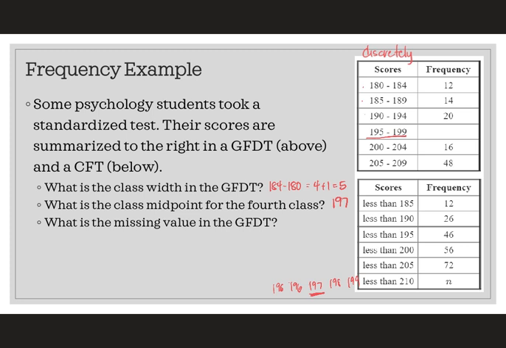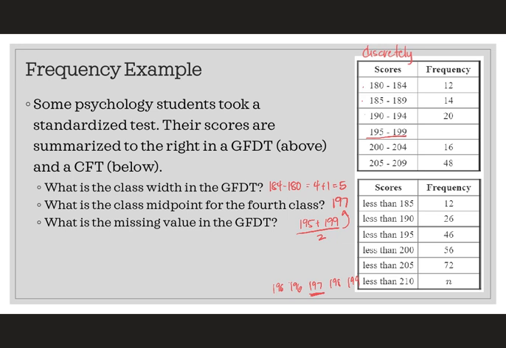If it's a wider class, like 40 or 50, you don't really want to do that. So we can take the endpoints, 195 plus 199, and divide by 2. That will come out to the same 197. If you're looking for the midpoint, just take the two ends, add them together, divide by 2, and you're going to land right in the middle.